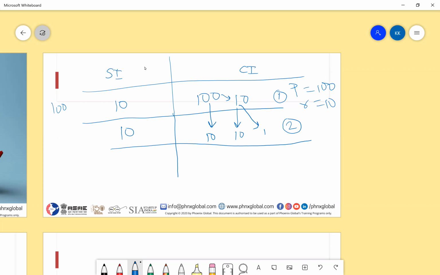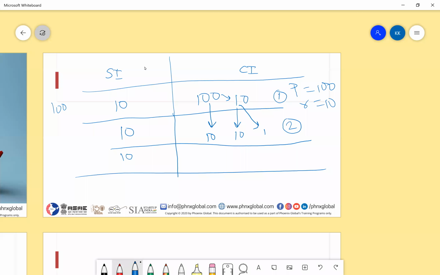What will be the simple interest here? 10. Okay, and compound interest? And here I want a different approach. I want the approach I used here. Who's willing to explain? Yeah, so 100, 10, 10, 1, and then 10.